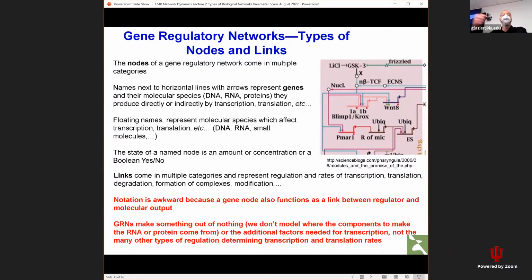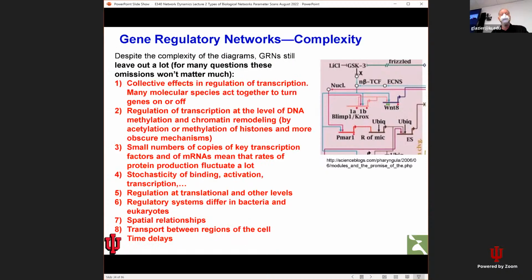I can change the rate at which the messenger RNA is translated into protein. I can change the rate at which the protein is modified after it's been synthesized, or the rate at which it's transported to where it needs to be, or the rate at which it's broken down. And so there are a lot of steps, and typically all those steps are going to get neglected.